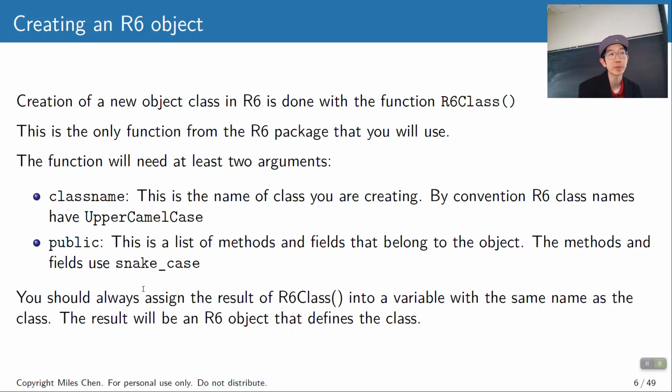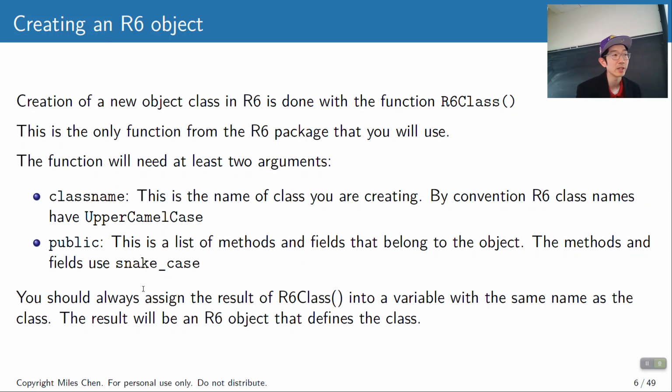The second argument that you have to provide to the R6Class function to create a new class is a list that you call public.